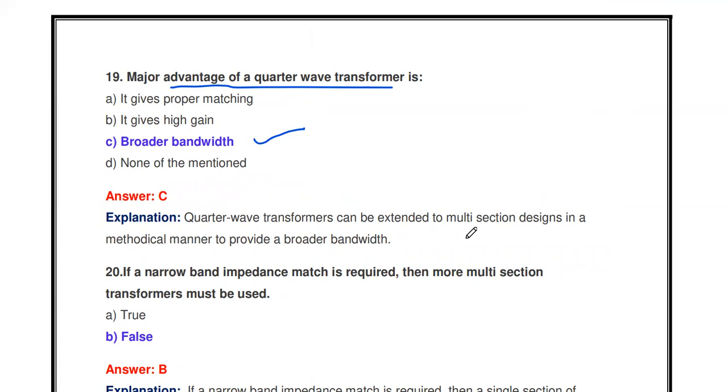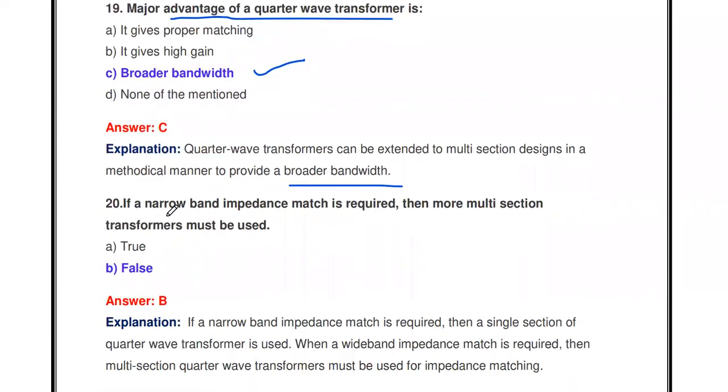The quarter wave transformer provides broader bandwidth, and that is its major advantage. It can be extended to a multi-section design in a methodological manner to provide a broader bandwidth. So instead of a single transformer, we may use a multi-section transformer in order to provide the broader bandwidth.